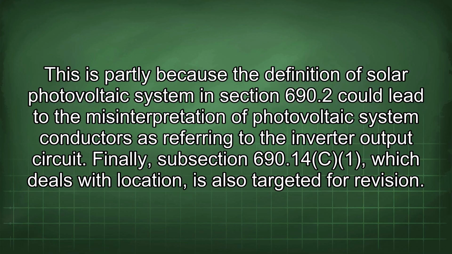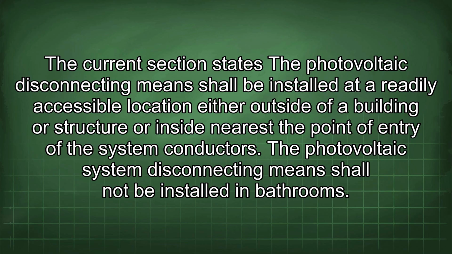Finally, subsection 690.14(D), which deals with location, is also targeted for revision. The current section states the photovoltaic disconnecting means shall be installed at a readily accessible location either outside of a building or structure or inside nearest the point of entry of the system conductors. The photovoltaic system disconnecting means shall not be installed in bathrooms.